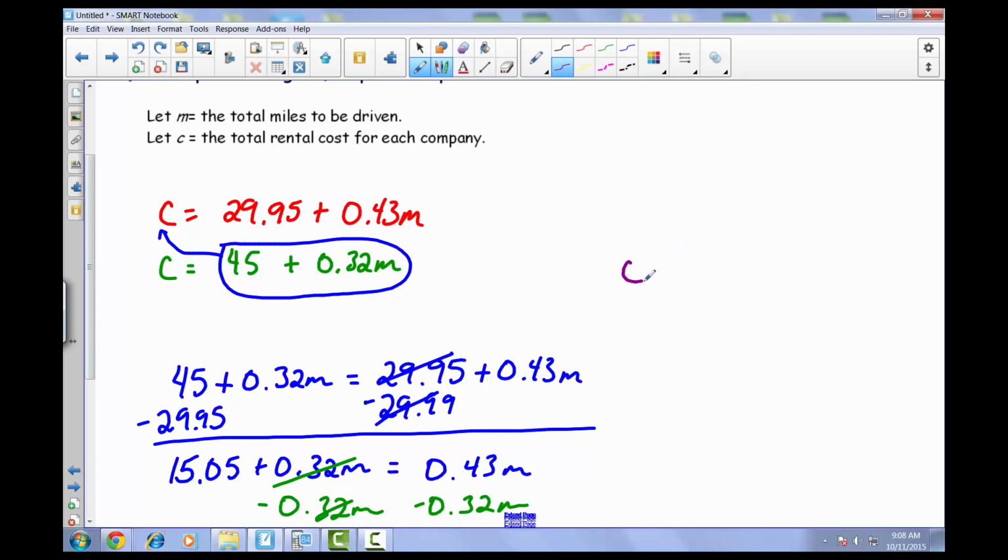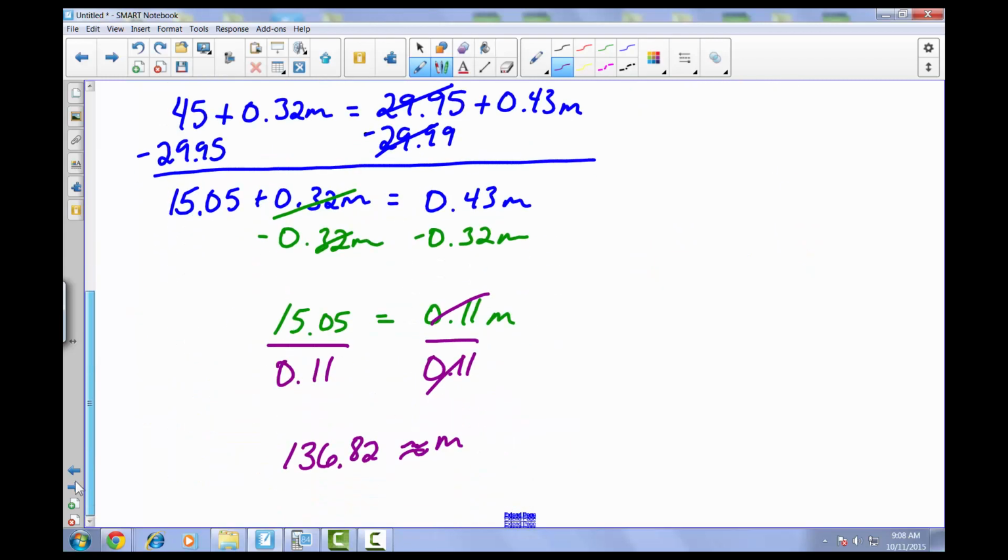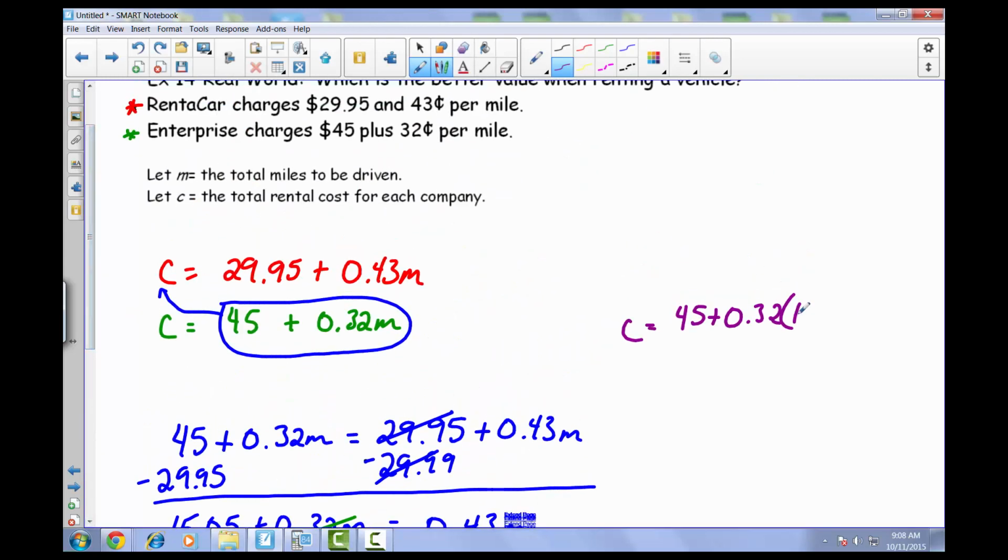So we end up then with the cost is equal to 45 plus 0.32 times 136.82. And then we end up with the cost is equal to 45 plus, this comes out to be about 43.78.